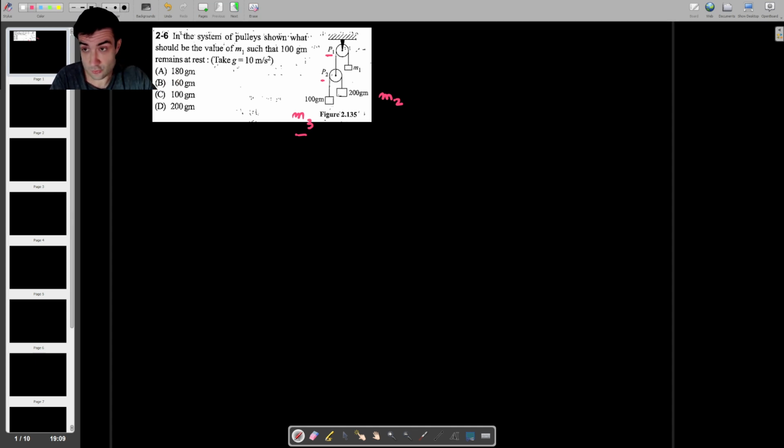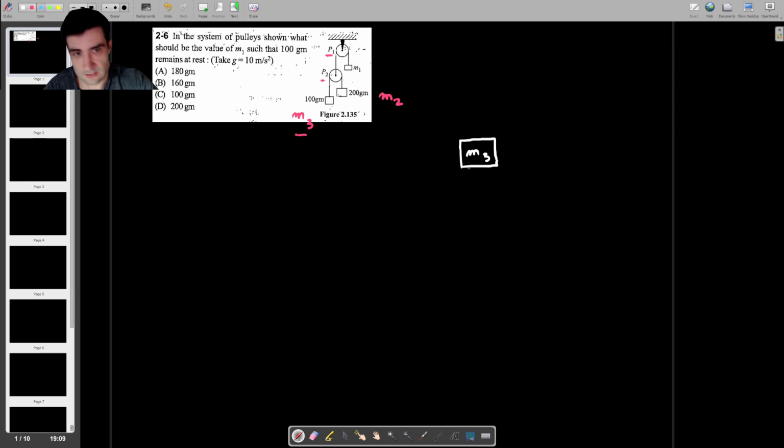So let's actually try to draw some free body diagrams first. I'm going to start with M1, which is a bit strange because we don't know much about this at all. Actually, I changed my mind. I think I want to do M3 first. I think that's probably the easiest and the most sensible thing to do. So M3 is experiencing two forces.